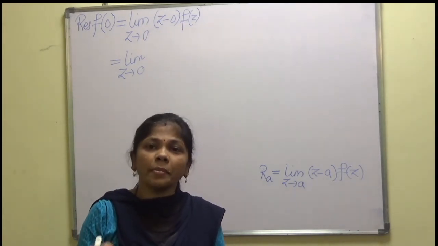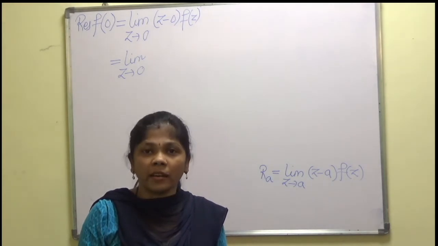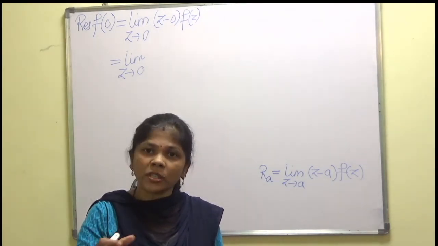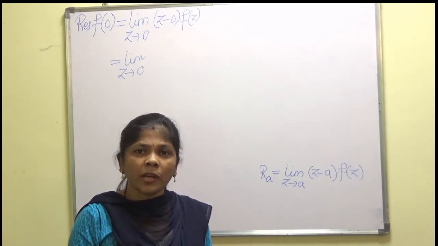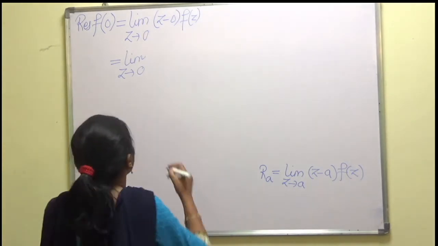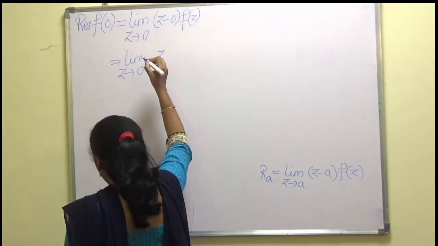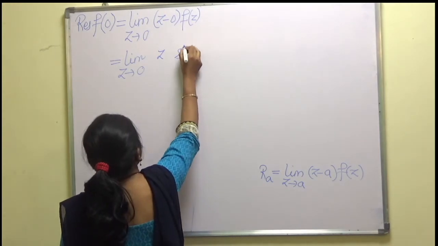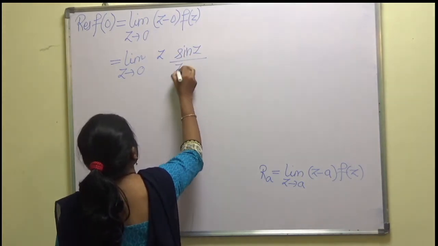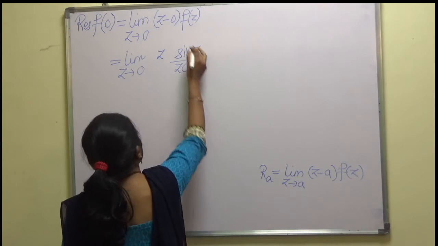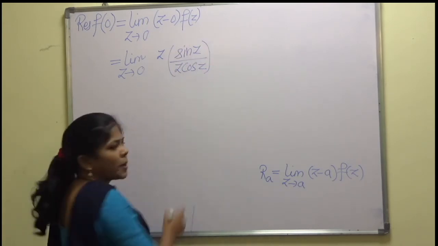F of z will be by default the integrand, the function which is to be integrated. So the function to be integrated is sin z upon z cos z.